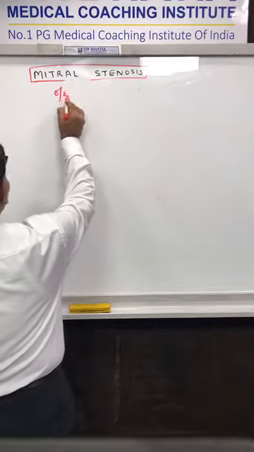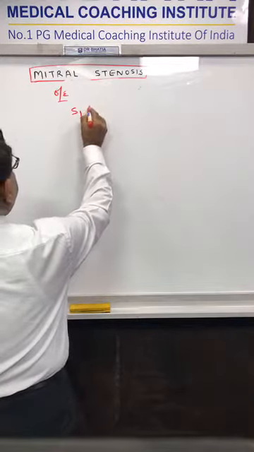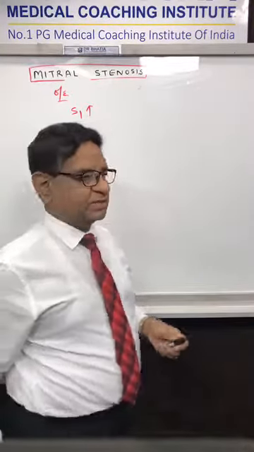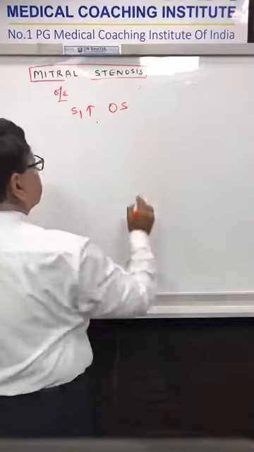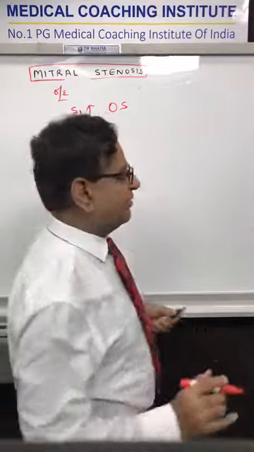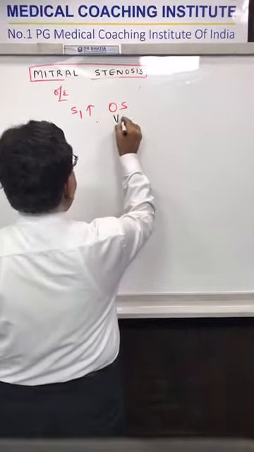On examination, what do we get? You get a loud S1. S1 is loud. Upward arrow means loud S1. Opening snap is there. If you are listening to an opening snap, it means the valve is pliable. The valve is pliable.